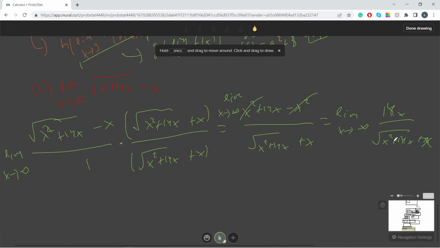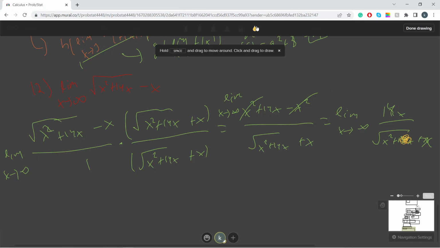We notice that in the square root, you have this x squared plus 14x term, right? And yes, your intuition was right about x squared dominating the 14x. So that part we can legally make that conclusion. So this 14x term vanishes, because x squared is going to overtake it.